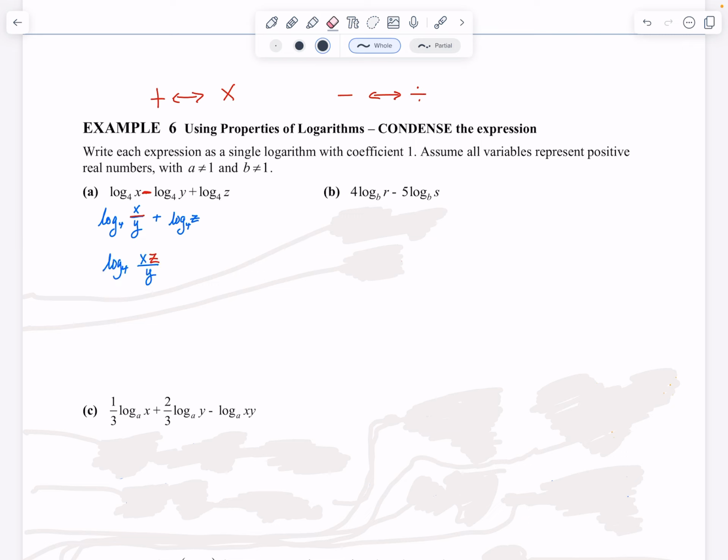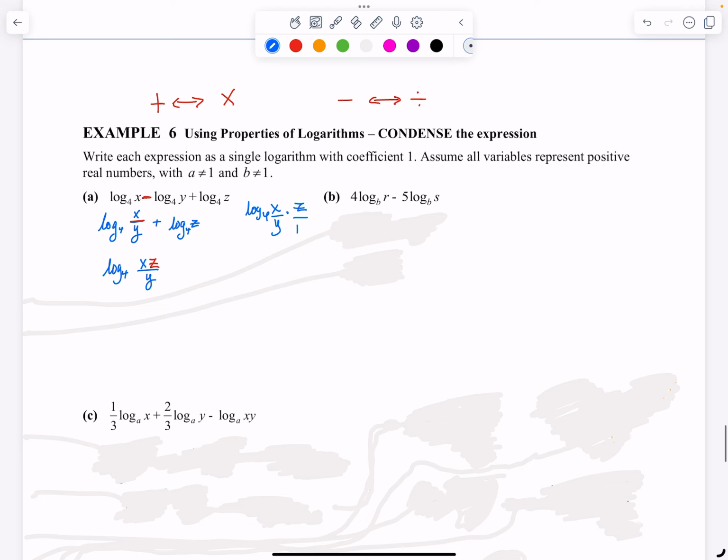So you could think of that as log base 4 of x over y times z over 1, if you want to think of it like that. So that's why my z goes on top, right? Because that z is over 1. And that's your final answer. We went from 1, 2, 3 logs to just 1 log, okay?